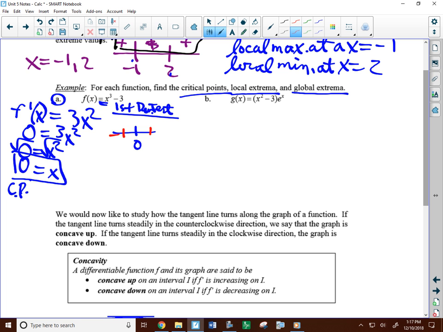And again, you plug the test values into the first derivative, 3x squared. When I plug in 1, 1 squared is 1, times 3 is 3, that's positive. When I plug in -1, -1 squared is 1, times 3 is 3, also positive.